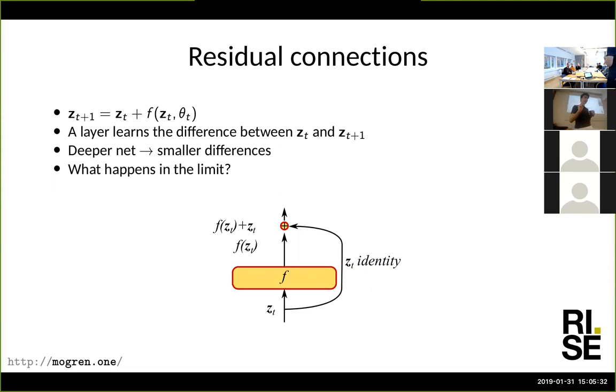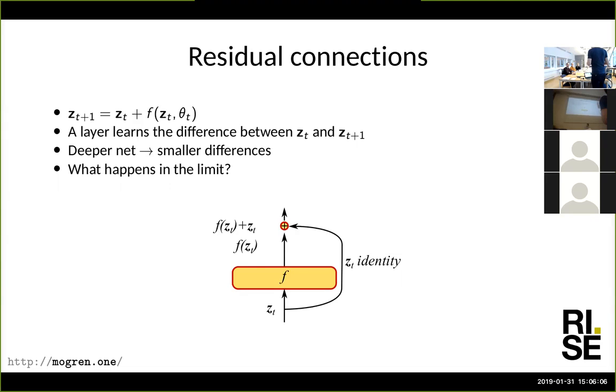That means that F is starting to learn a difference between the input vector and the output vector, instead of learning the transformation from the input to the output. Right. So we're learning a difference now. This difference, of course, becomes smaller and smaller if we're increasing the depth, or the network learns something with more capacity.